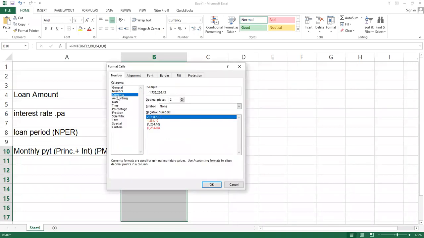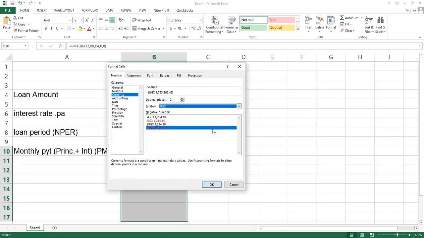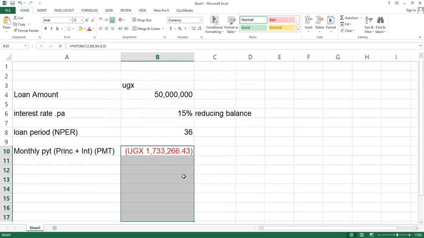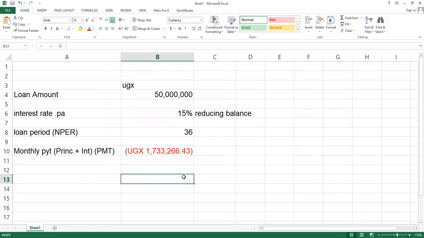So I look for currency, okay? And of course, the symbol is UGX. So I look for UGX, I type U so that it takes me where UGX is, and then I click OK. So that is Uganda shillings, okay? In case you want to remove the decimal points, you want to round off to the nearest, you can also remove the decimal points. So that is the monthly payment.